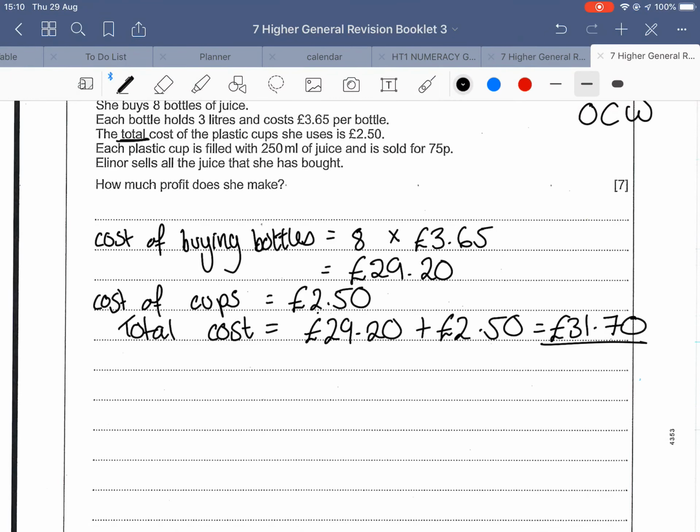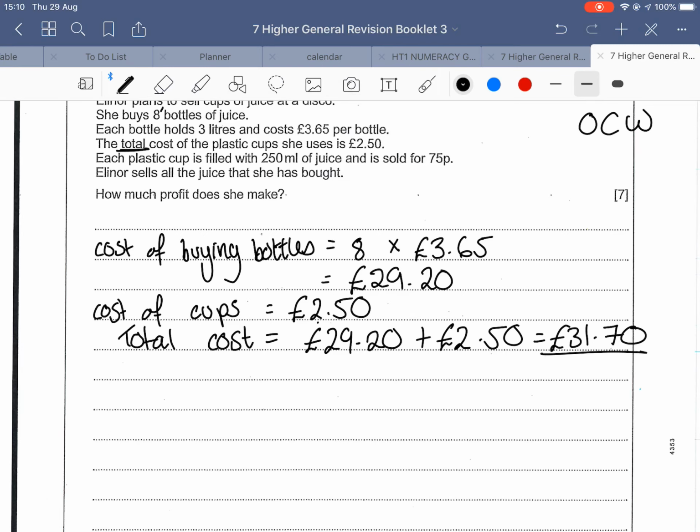Now we want to see how many cups she's selling. So in order to find out how many cups she's selling, we know she has 8 bottles. They hold 3 litres. So let's find out how many litres she has in total, because she only pours 250 millilitres in each cup. So let's label this amount of cups. Okay, so we've got the total amount of litres that she has.